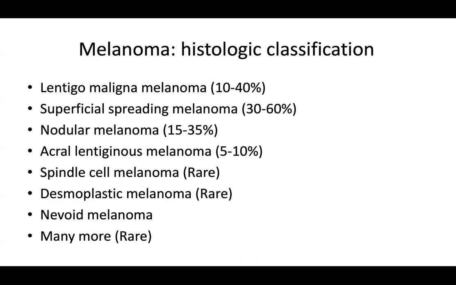Nodular melanoma is not just when the melanoma forms a nodule. It's whenever there's a prominent vertical growth phase without a significant, at least appreciable, radial growth phase. So this means that the melanoma just kind of started out and in its very beginning delved deep into the dermis and then formed a nodular proliferation.